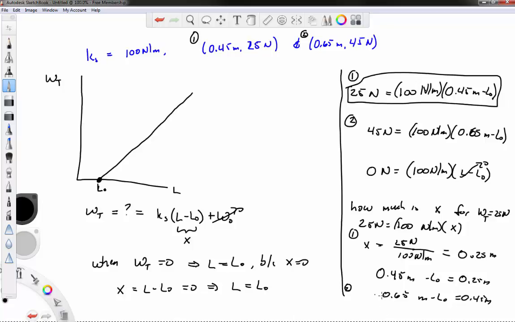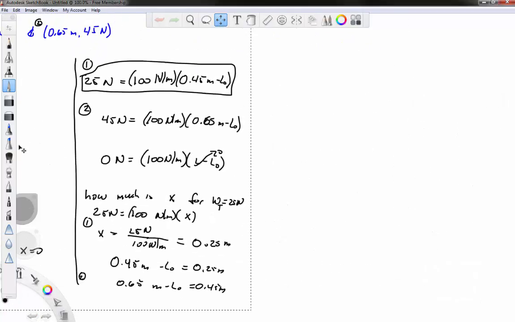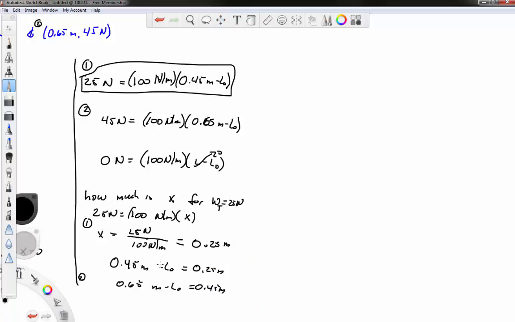Notice that both of these are going to give us the same equation, because if I wanted to solve this equation for the value of L naught, I need to add L naught to both sides of the equation. And so what that gives me is 0.45 meters is equal to L naught plus 0.25 meters. This one right here says 0.65 meters is equal to L naught plus 0.45 meters.